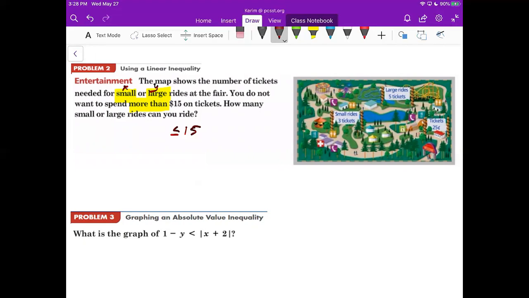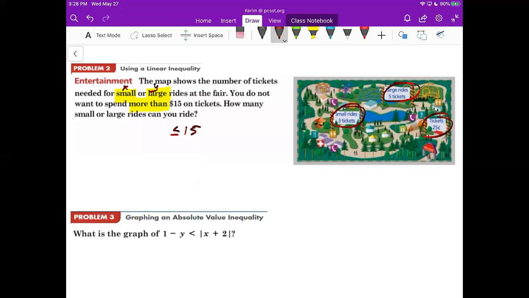Let's say x is the number of small rides, and y is the number of large rides. For the small rides, I need 3 tickets, for the large rides, I need 5 tickets, and each ticket is 25 cents.